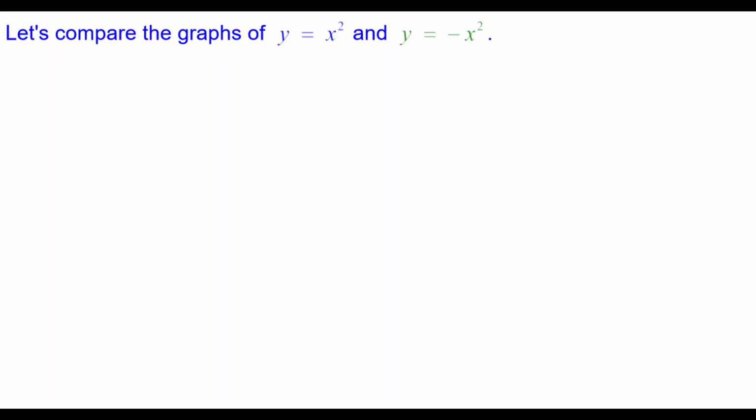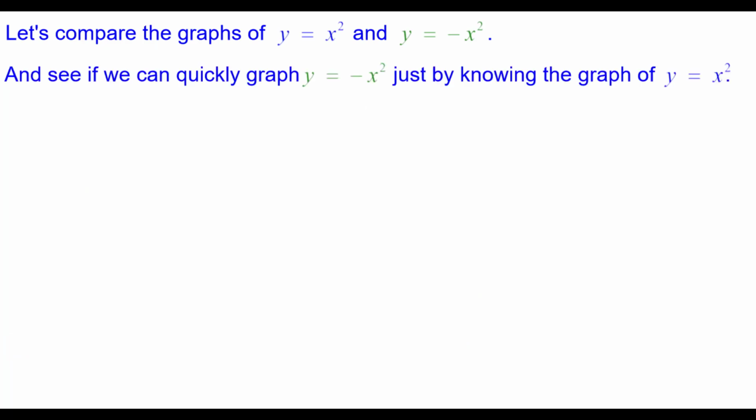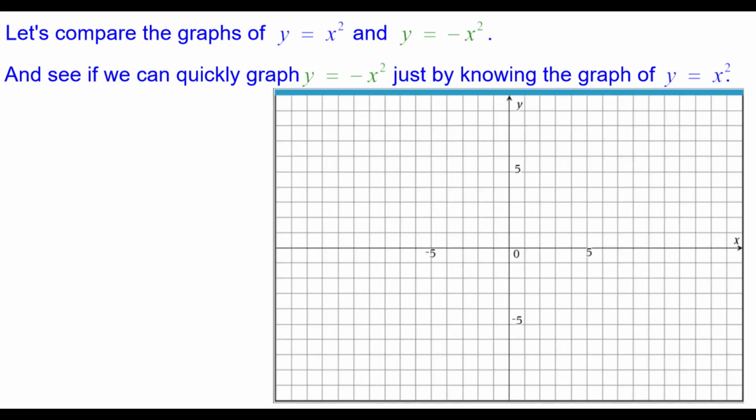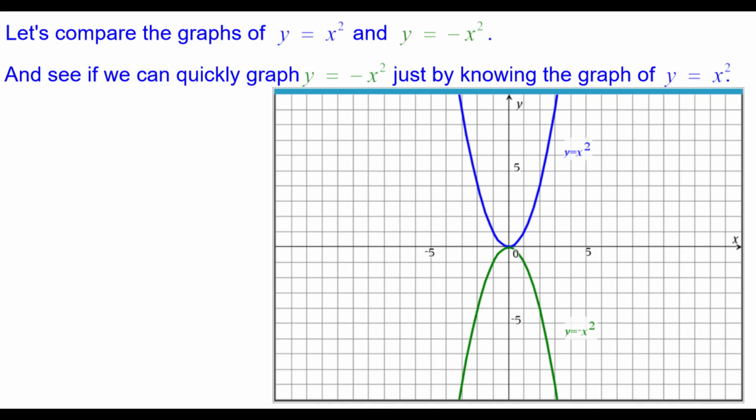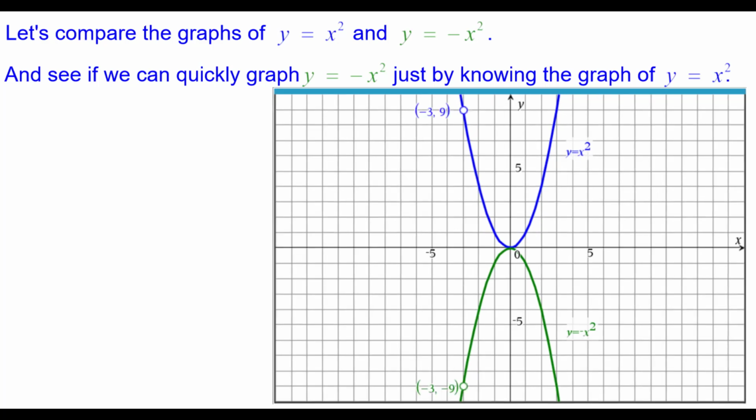So let's compare the graphs of the parent function and its opposite, and see if we can just quickly graph one by knowing the graph of the other. We're looking for patterns. So here's our parent function, y equals x squared, and here is its opposite, and you can see they are related in some way. I'm going to look at these 2 corresponding points. They have the same x coordinate, but opposite y coordinates.